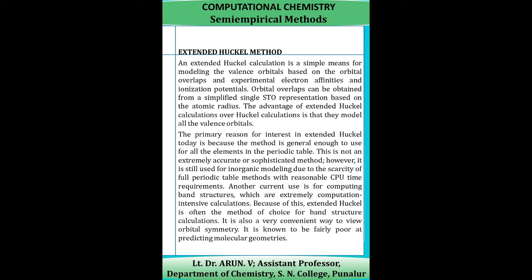The advantage of extended Huckel calculations over Huckel calculations is that they model all the valence orbitals. The primary reason for the interest in the extended Huckel method today is that the method is general enough to use for all elements in the periodic table. This is not an extremely accurate or sophisticated method. However, it is still used for inorganic modeling.